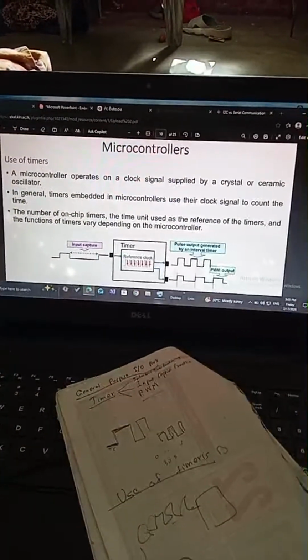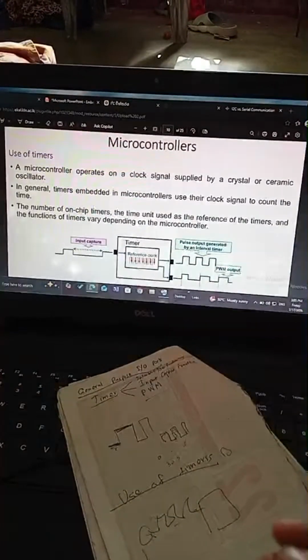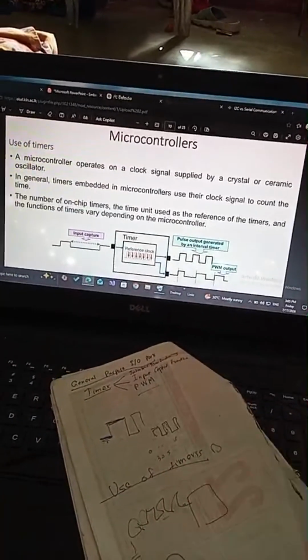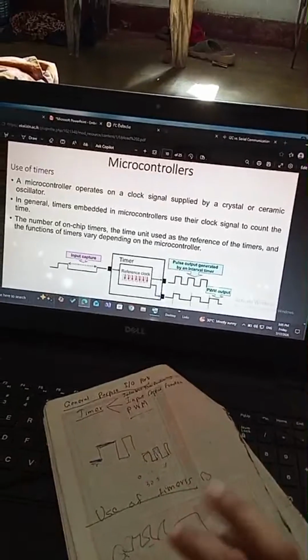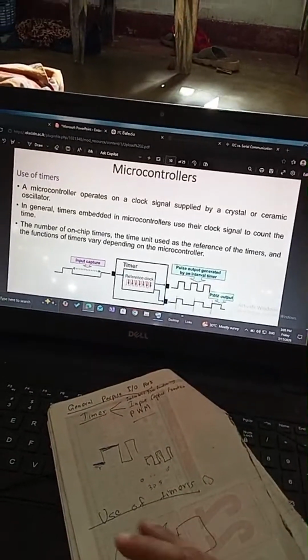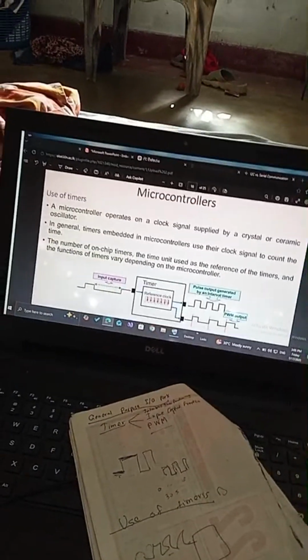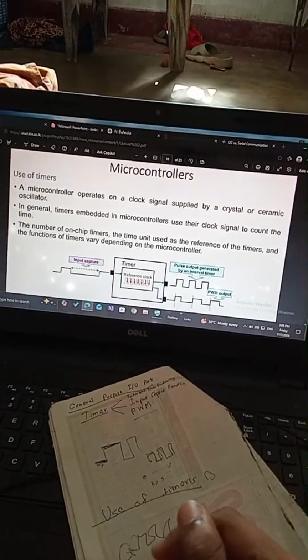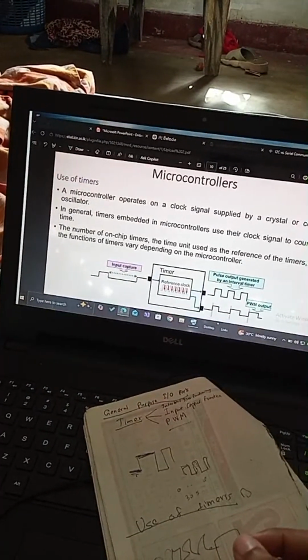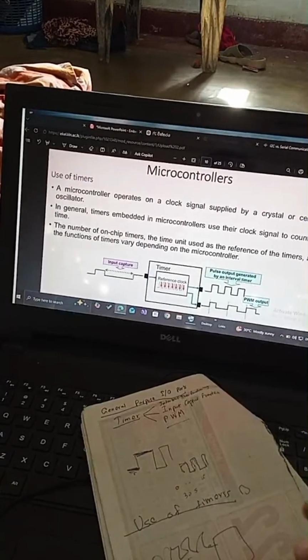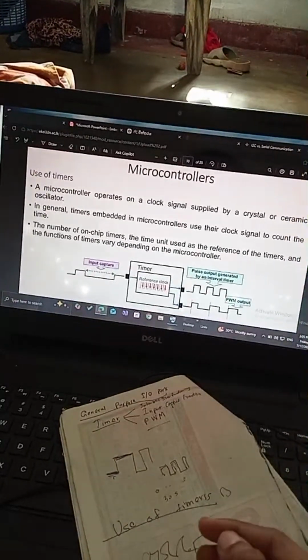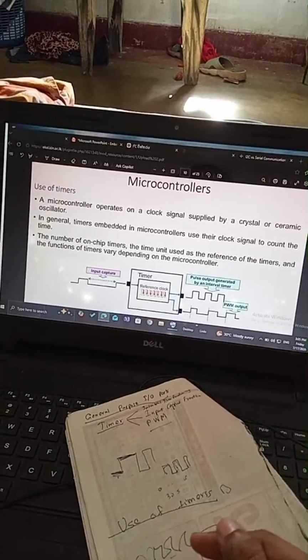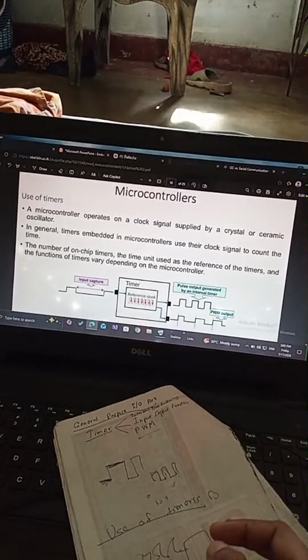And also the function of timers varies. I already talked about three different functions of the microcontroller. What are those? Internal timer function, input capture function, and also PWM.